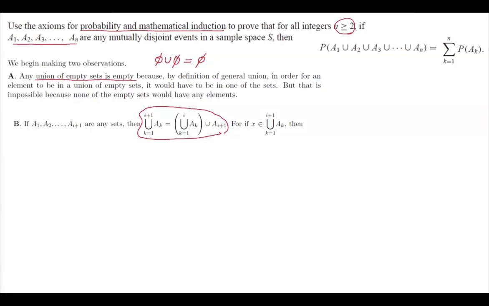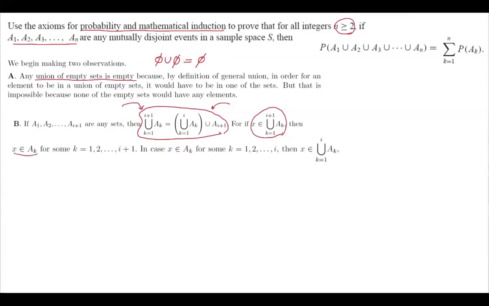If you take an element from the left-hand side set, we can show that that element lands in the right-hand side set. So if x is in the left-hand side set, we are saying that x belongs to the union. It means that x belongs to one of these sets at least. In case x belongs to A sub k, then x belongs to the union of those sets.